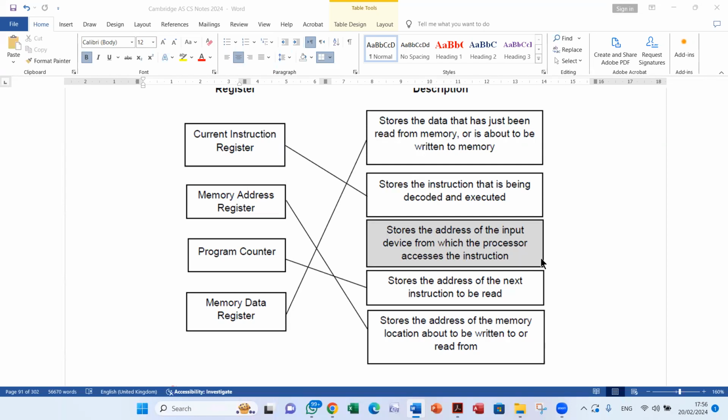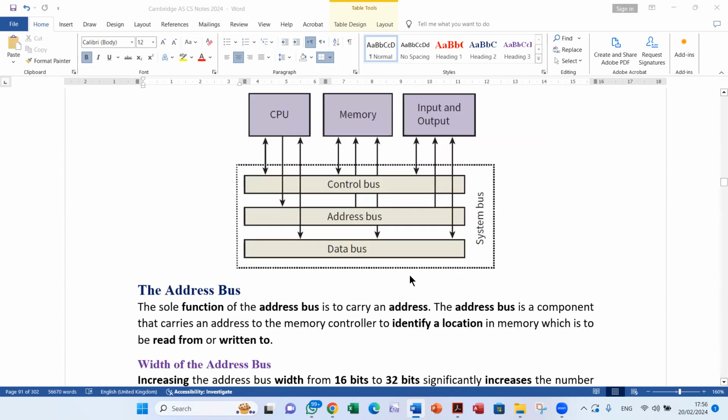Program counter stores the address of the next instruction. The memory data register, MDR, stores the data that has just been read from memory or is about to be written to memory. So these are the registers we have.